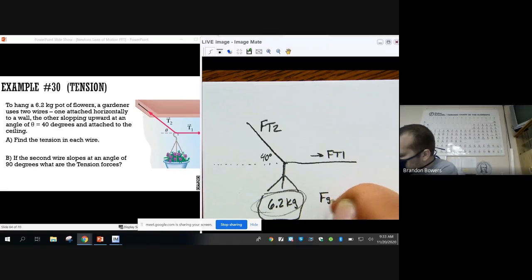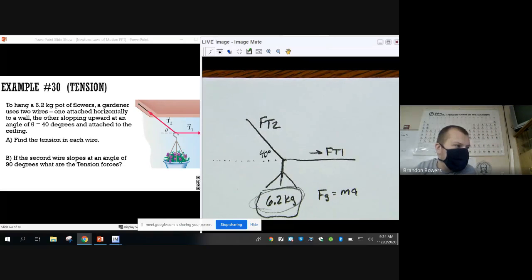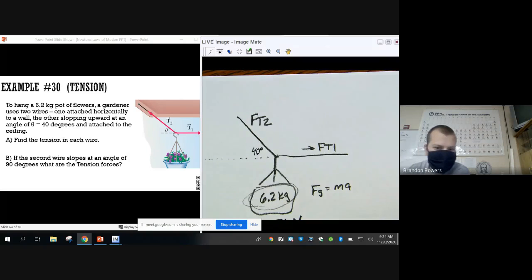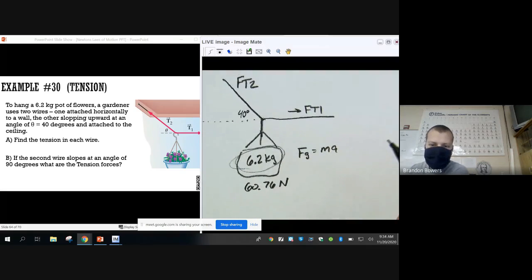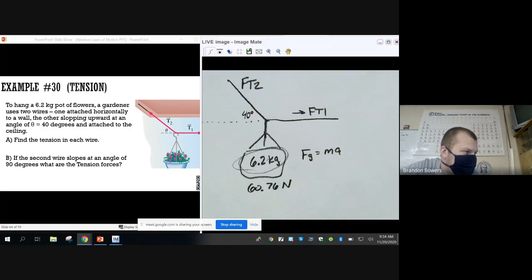The force of gravity is equal to the mass times acceleration due to gravity. 60.76 newtons. So the force on this hanging plant is 60.76 newtons.